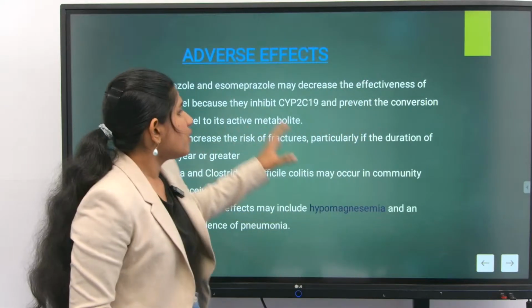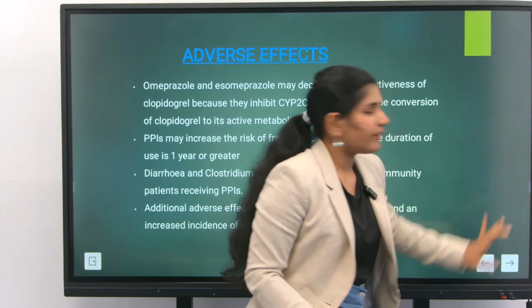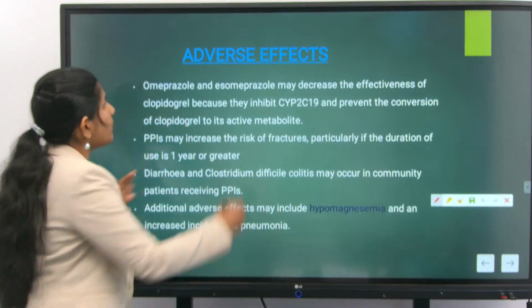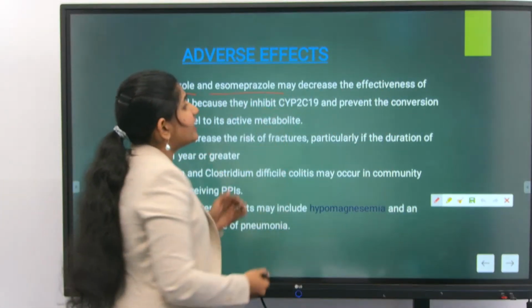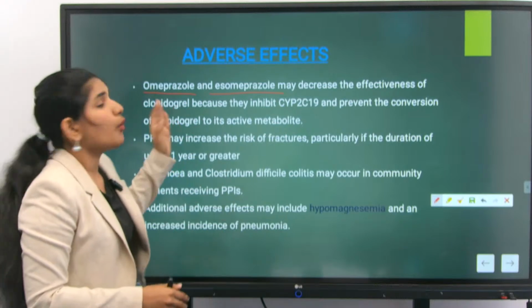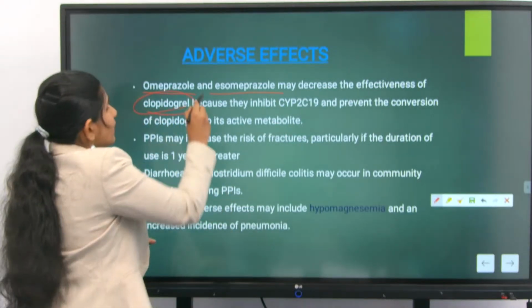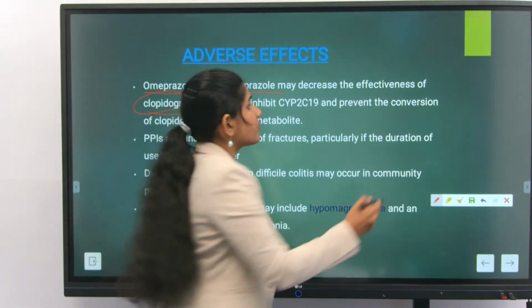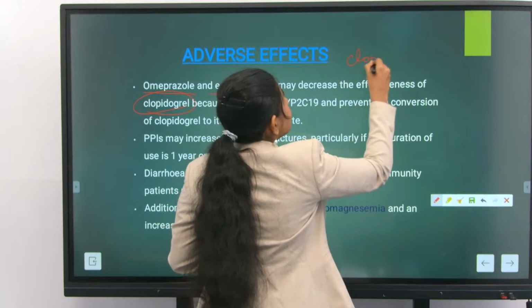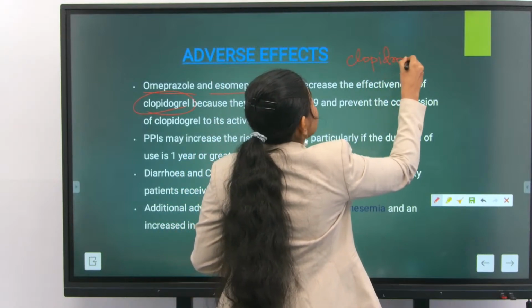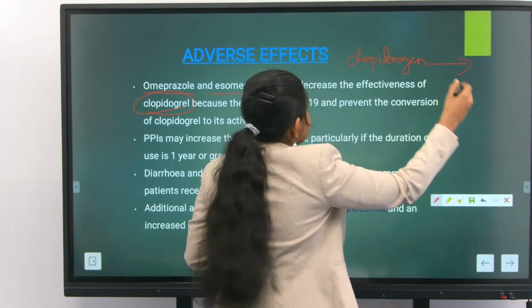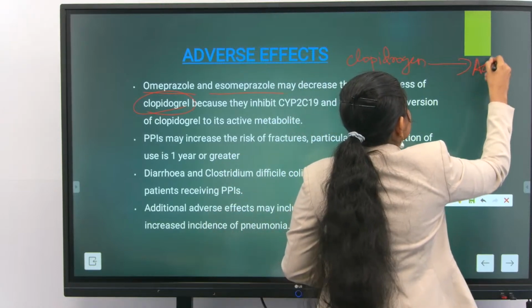Next one is the adverse effects. What are the adverse effects coming under this? Omeprazole and esomeprazole can decrease the effectiveness of clopidogrel. How? Clopidogrel is an anti-platelet medication.